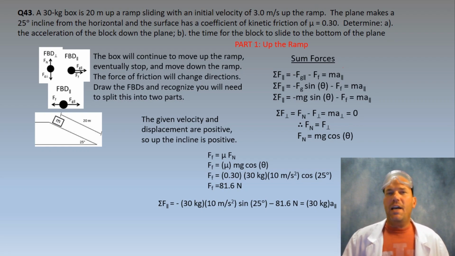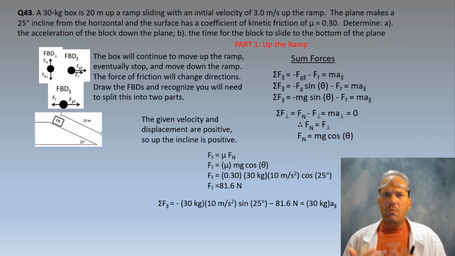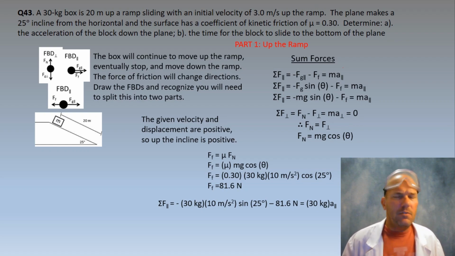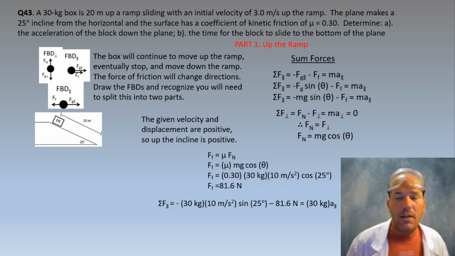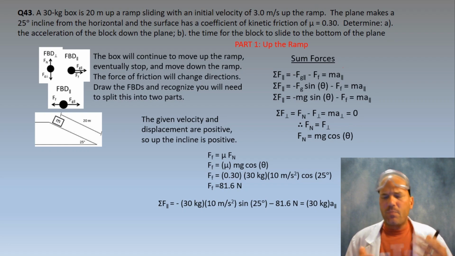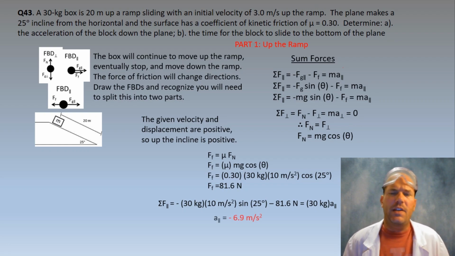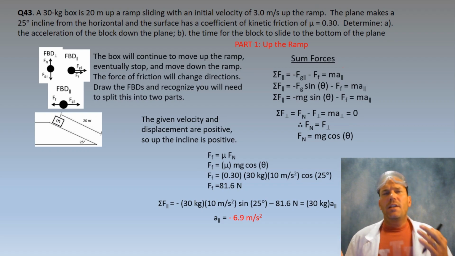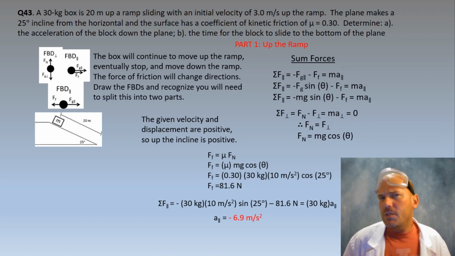We also are now subtracting 81.6 newtons, which is that force of kinetic friction, which is acting down and parallel to the incline. And it looks like we have everything we need to solve this. And indeed, we can find the acceleration to be equal to negative 6.9 meters per second.